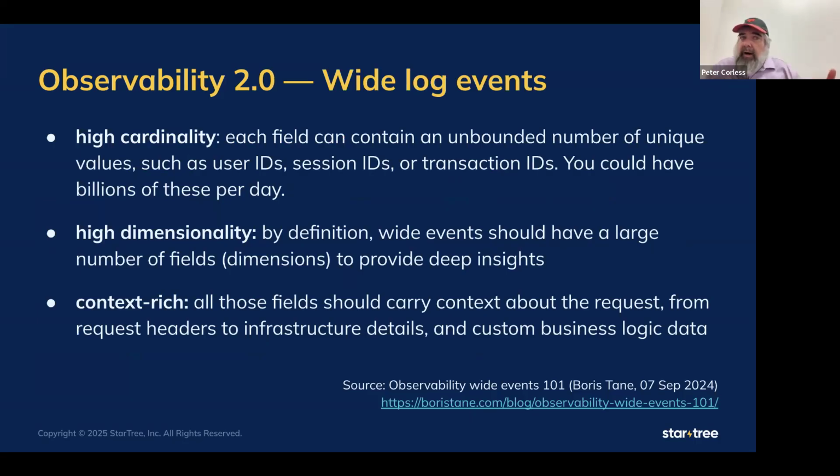So getting more into these wide log events, one of the things that happens is that it's going to lead towards very high cardinality and very high dimensionality data. And a lot of traditional systems that have been used to handle this kind of stuff may not be appropriate for Observability 2.0 because they're just going to sputter when they hit high cardinality or dimensionality. And you have to have context-rich data.